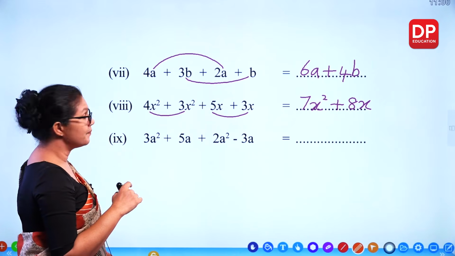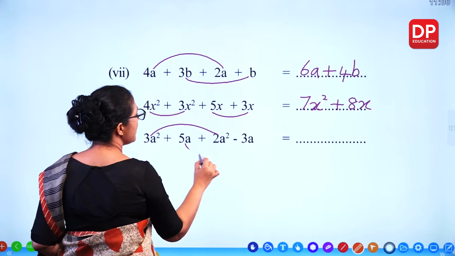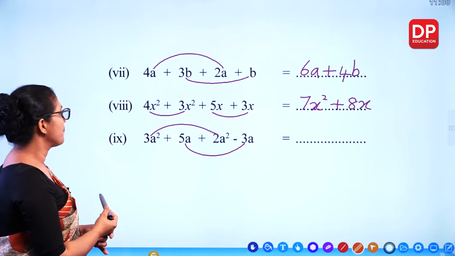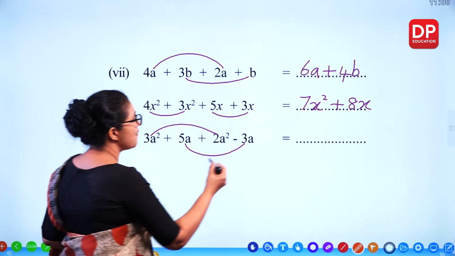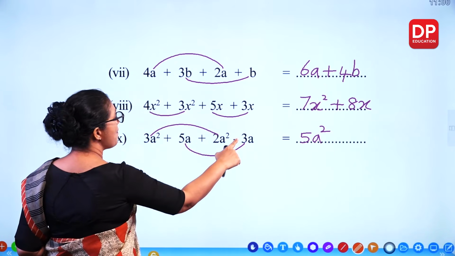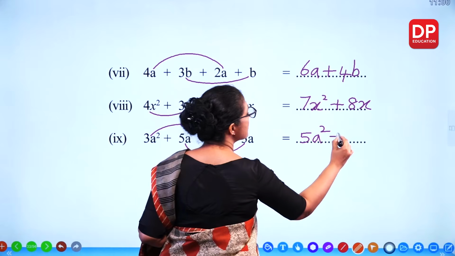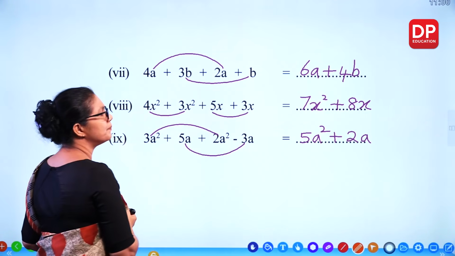Look at this one. A squared terms you can add, this and this. And a terms you can subtract. 3a squared plus 2a squared, 5a squared. And 5a minus 3a, that's 5 minus 3, 2a.